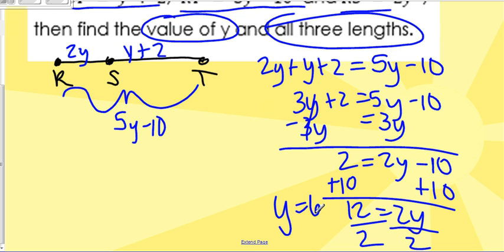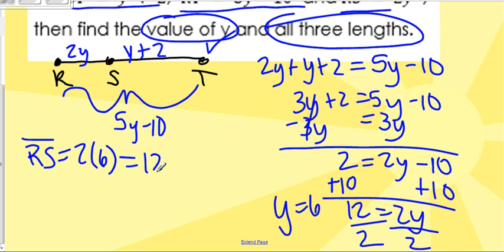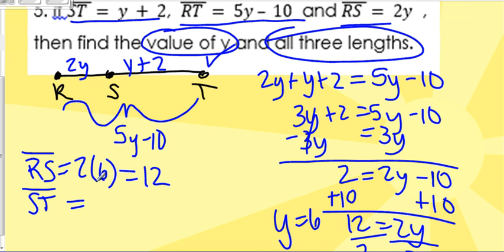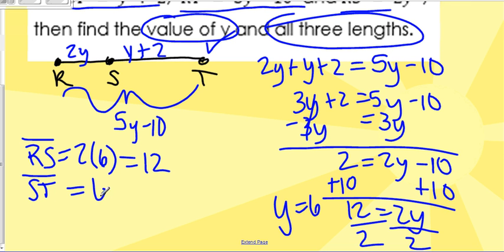So now we're going to take that value of Y, because we've done the first piece, and we're going to find all three lengths. So we're going to take Y and plug it in. So I know RS is 2 times Y, or 6. So we get 12 for RS. Then I know S to T is Y plus 2. So I'm going to do 6 plus 2 and get 8.